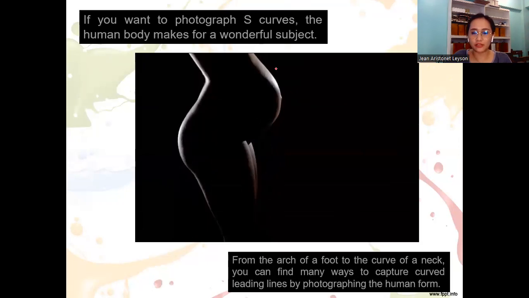So here, this is a photograph of a pregnant woman. Here in her tummy, in her stomach, you can see a curved line. Also in her back, also in her bottom. So we can see curved lines right there. So the human body is a perfect example of curved figure or curved lines and shapes.